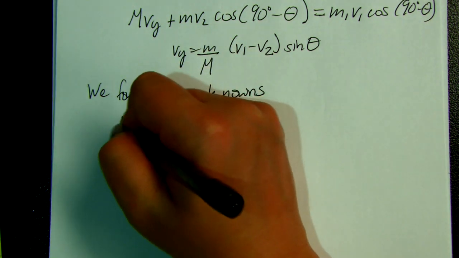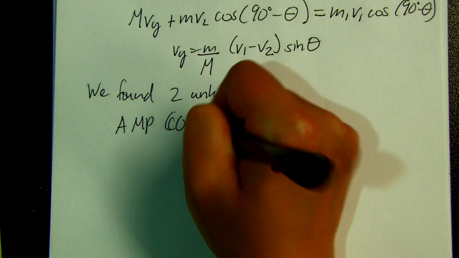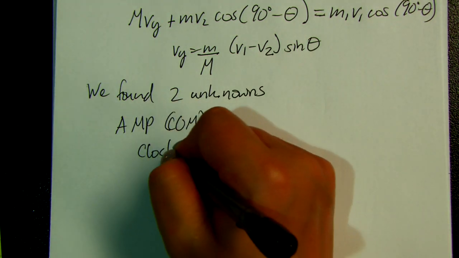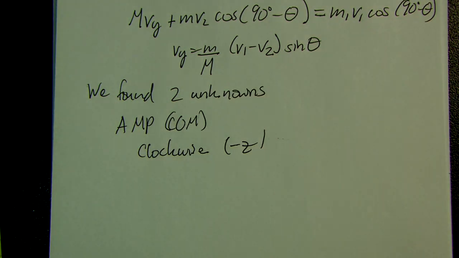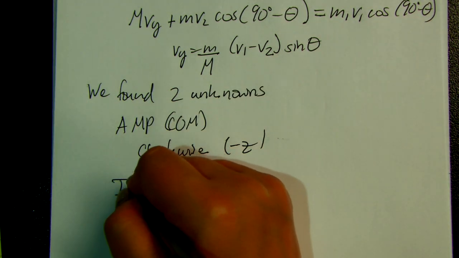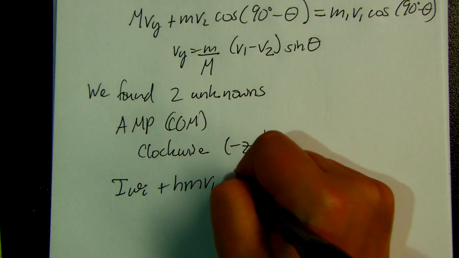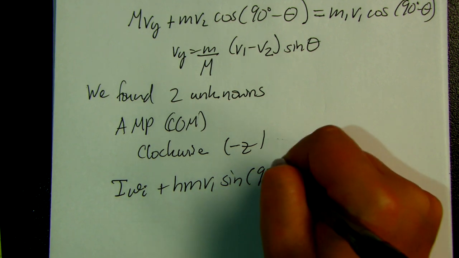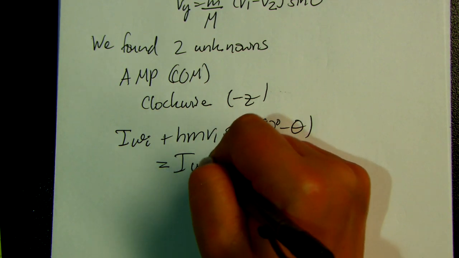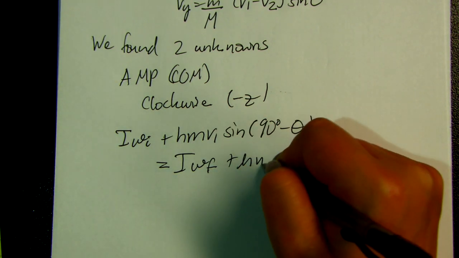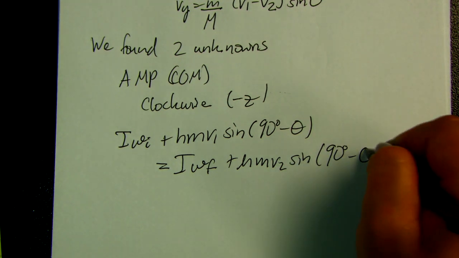All right, so let's look at the angular momentum principle with respect to the center of mass. It's going clockwise, in minus z. So we have the moment of inertia, omega initial I plus h m v1 sine of 90 degrees minus theta is equal to I omega final plus h m v2 sine of 90 minus theta.